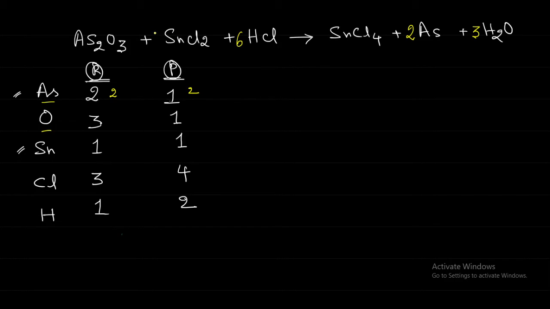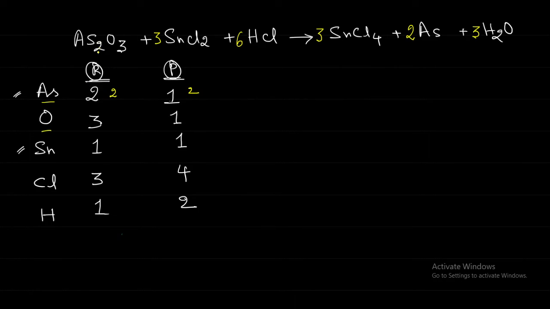When you multiply with 3, what is happening? Here chlorine 4 3s are 12, 3 2s are 6, 6 plus 6 is 12, so here chlorines become 12, and here 4 3s are 12 chlorines.